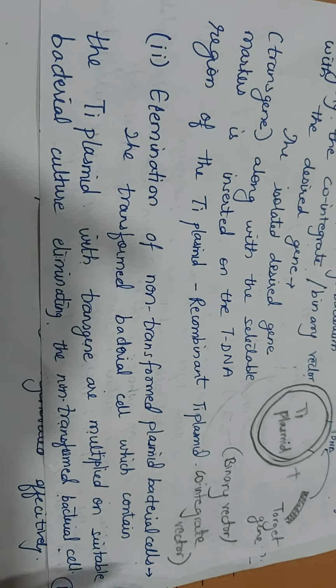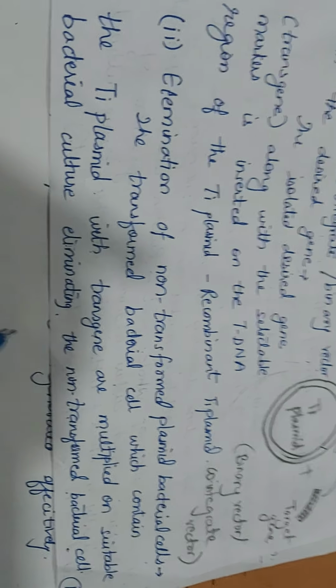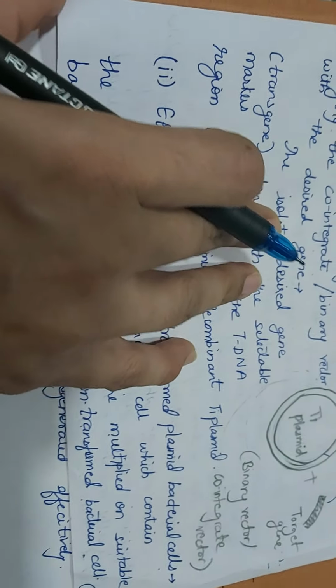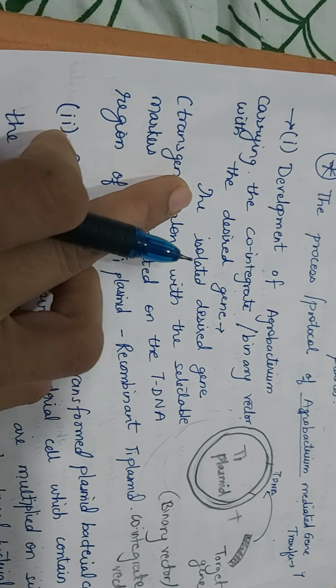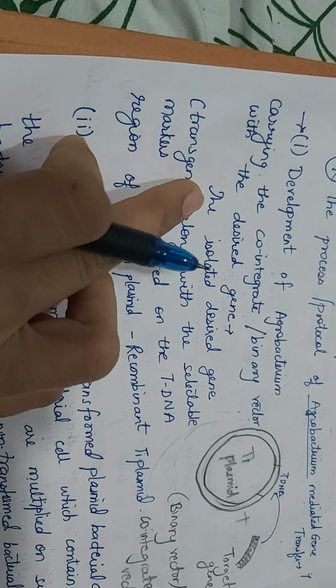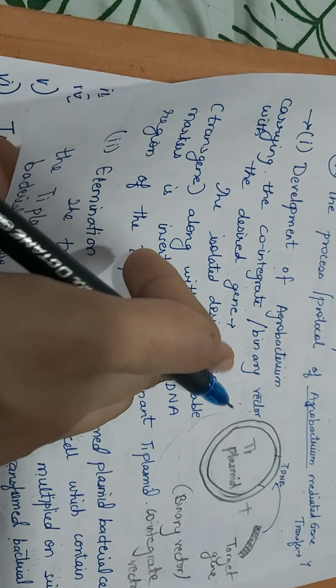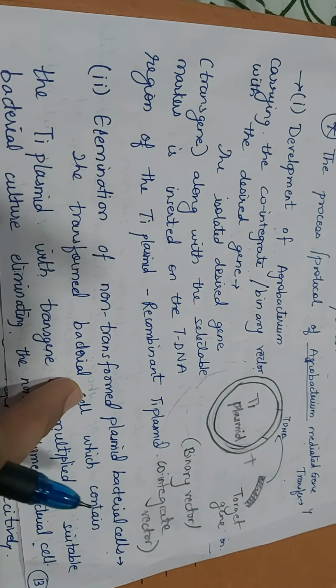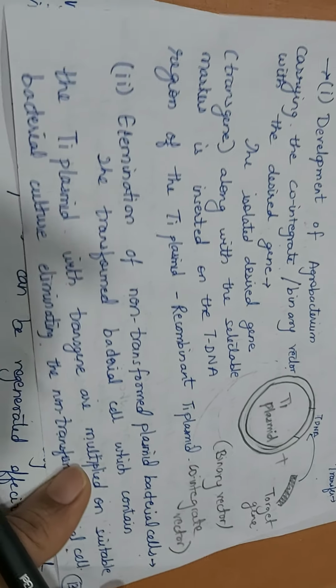The bacterial cells which are not carrying the target gene are eliminated. So the first step is development of Agrobacterium carrying the desired gene by co-integrate or binary vectors, and the second is elimination of non-transformed plasmid bacterial cells with the help of selectable media.